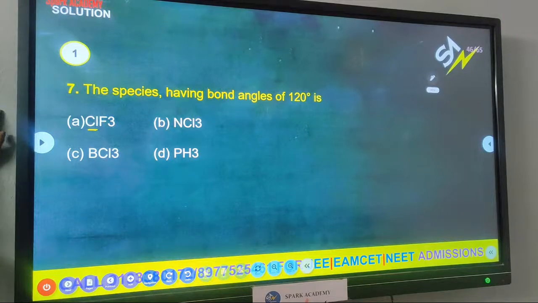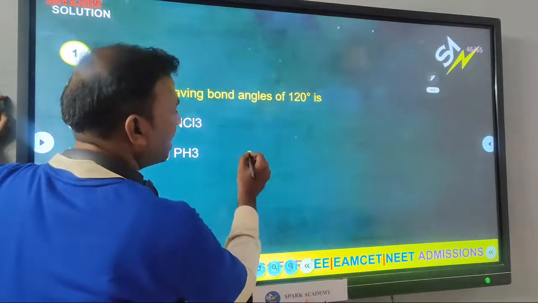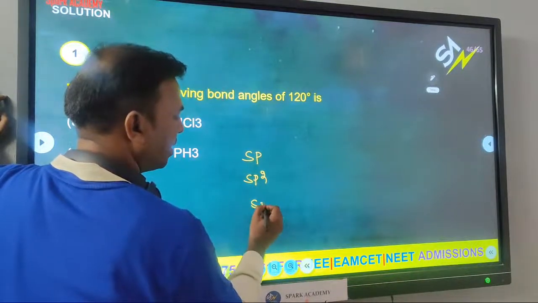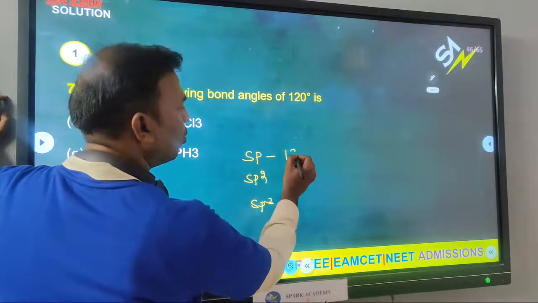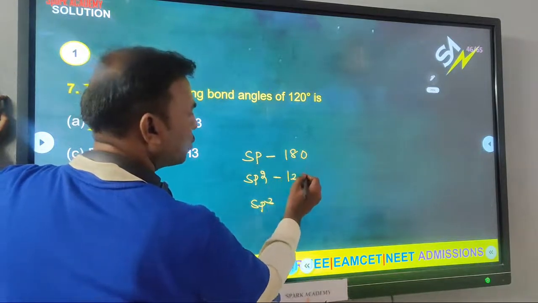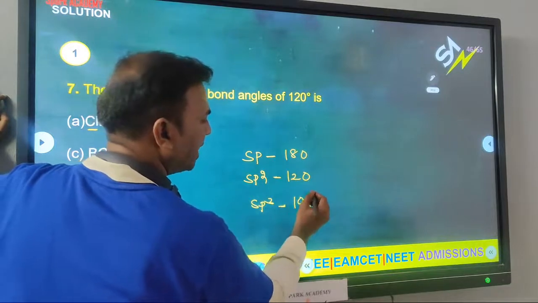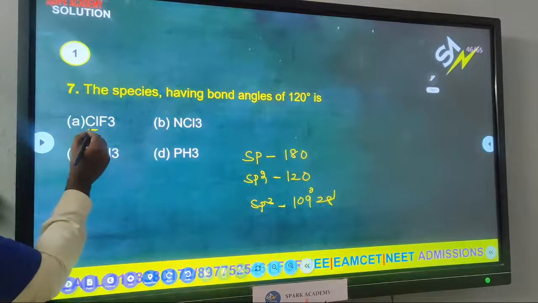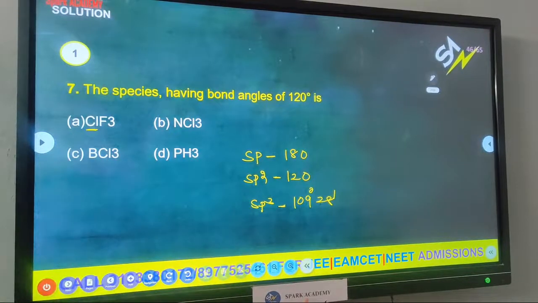Hybridization is very important in our syllabus. SP, SP2, SP3. SP means bond angle 180, SP2 means 120, SP3 means 109 degrees 28 minutes. Bond angle 120 means SP2 hybridized. Here chlorine is the central atom. Chlorine has 7 valence electrons, 3 used, 4 remain, present as 2 lone pairs.